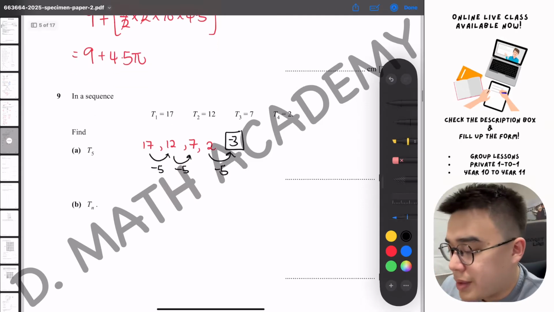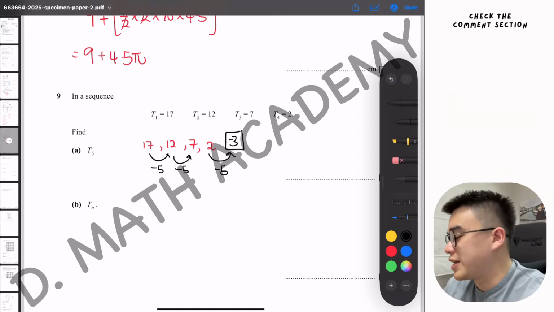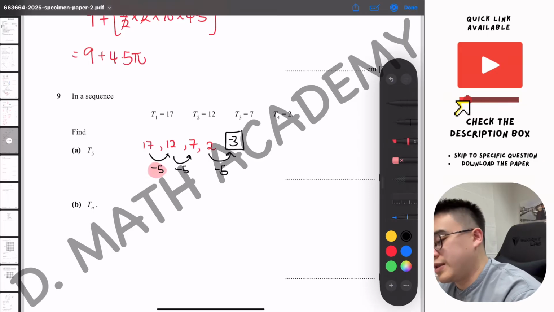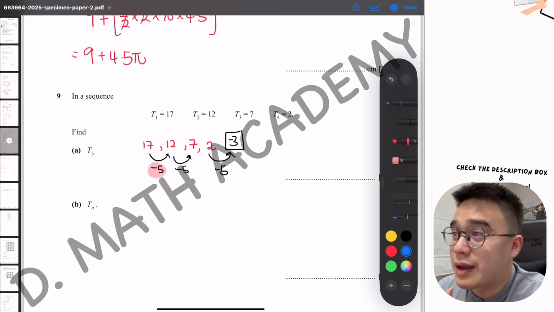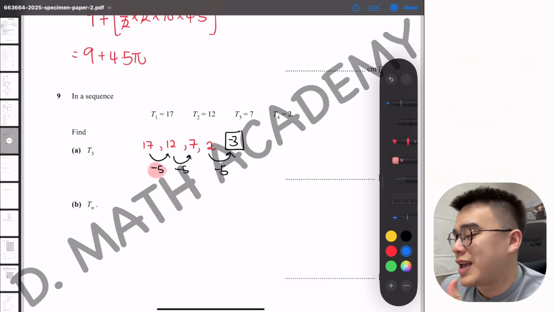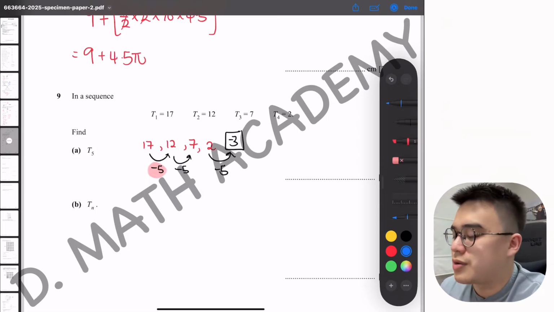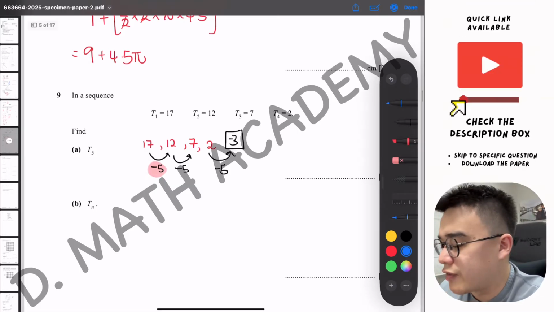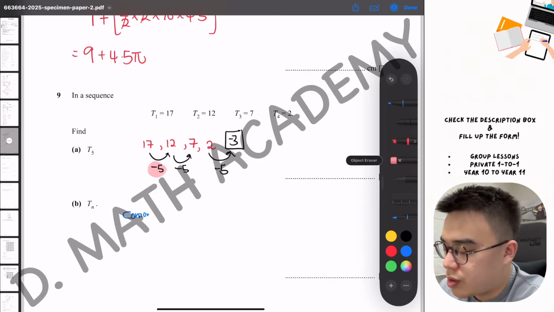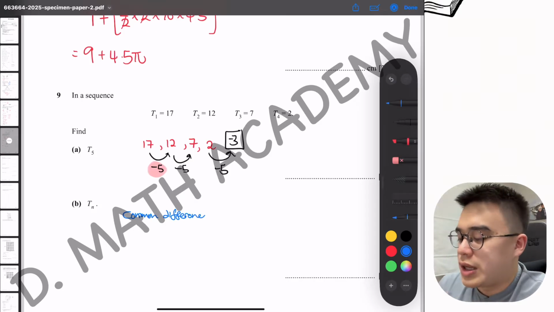Okay, for 9b, some students prefer to memorize the formula. For me, personally, I'm a bit lazy. I hated the formula actually, and I only recommend students to use that formula in maths. But in this case, for my version of the formula, all you need is the common difference, which is the negative 5 here.